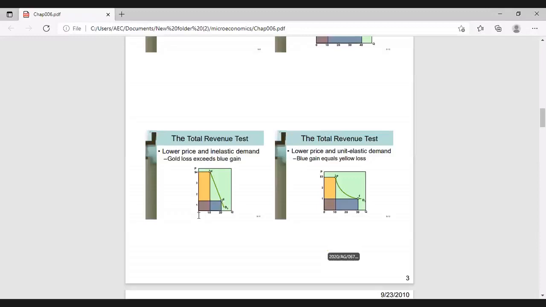The blue loss area and yellow gain area are the same. So this demand is unit elastic. From the total revenue test, we can identify whether the demand for a product is elastic, inelastic or unit elastic.